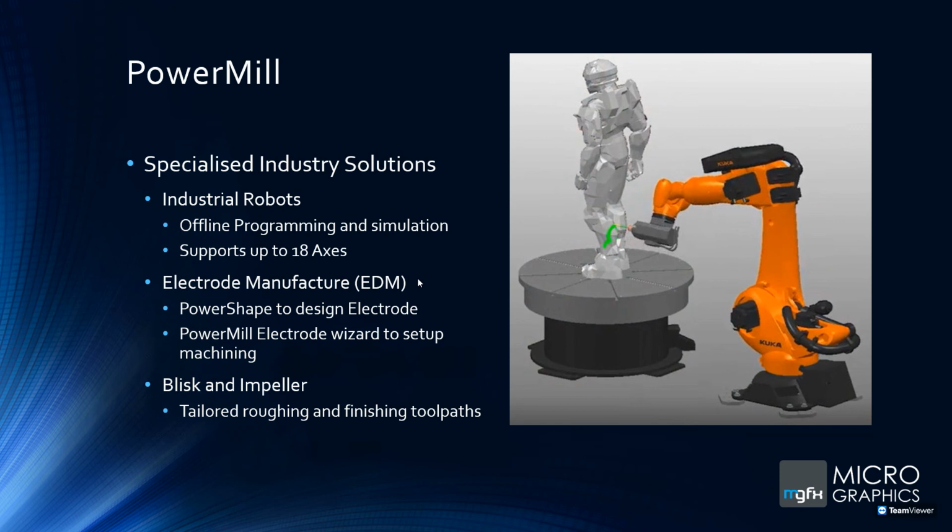Then moving on, the last thing for us to look at is a few of these specialized tool sets within PowerMill. So these include the ability to do offline programming of industrial robots. If we have a look on the right-hand side of that image, there is an industrial robot with a spindle attached to it for machining. So it is actually machining a figurine, looks like a figurine from the computer game Halo.